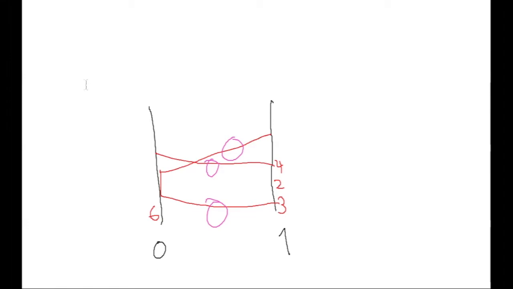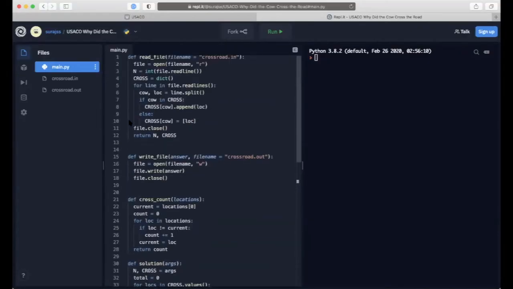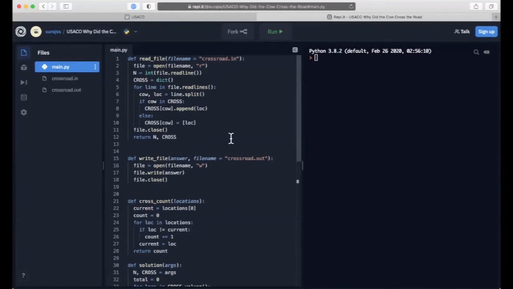Okay, so let's go ahead and take a look at the code. The way I first do this, I'm going to first read in n right here, read the first line, and then for the crossings, I create a dictionary. In theory the values are more important than the cows, so you could do away with a dictionary and use a list.